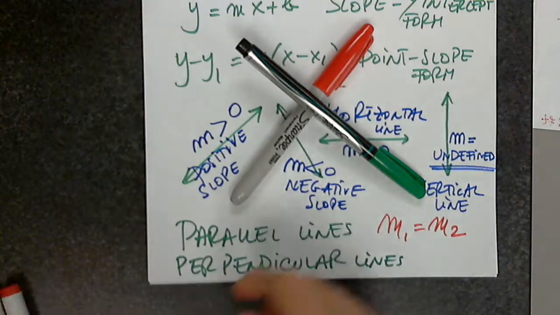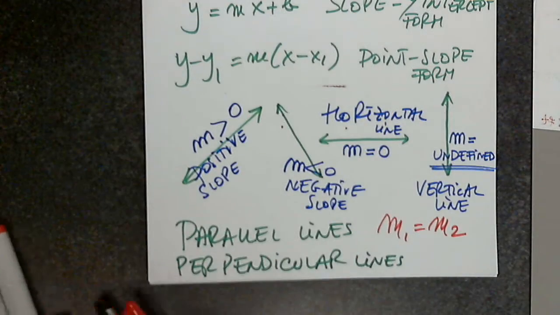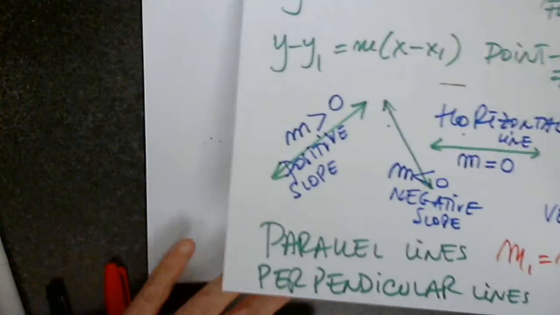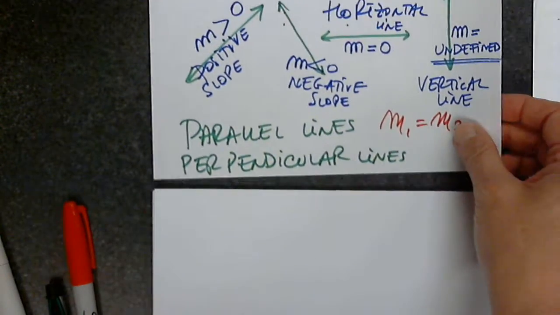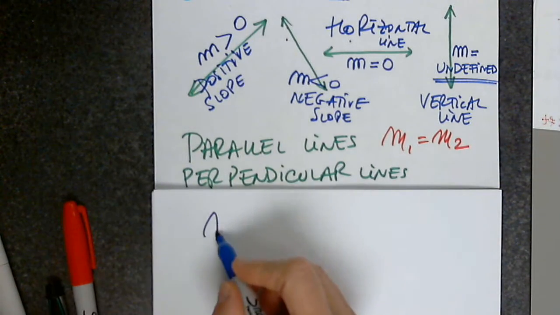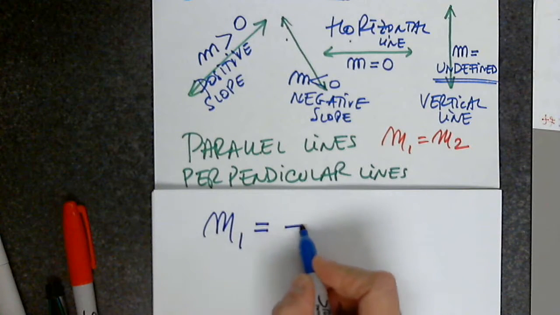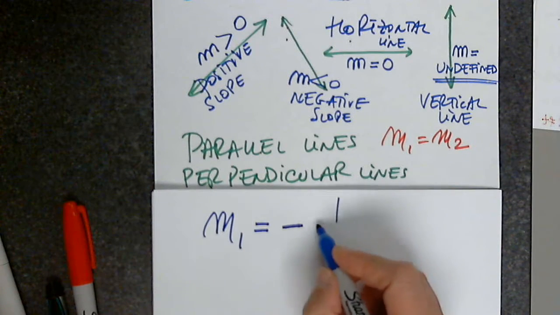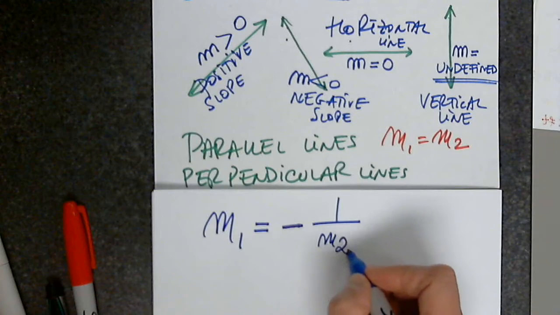So, what is the relationship between their slopes? Negative multiplicative inverse. Yes. So M1 equals the negative or opposite of 1 over M2.